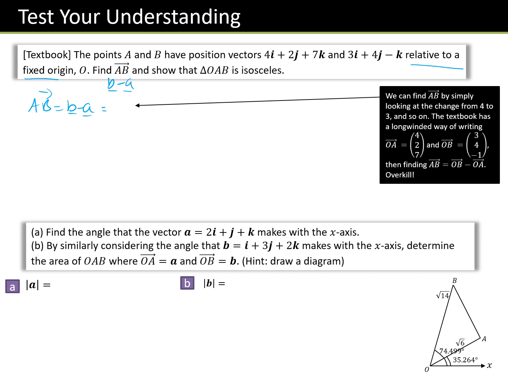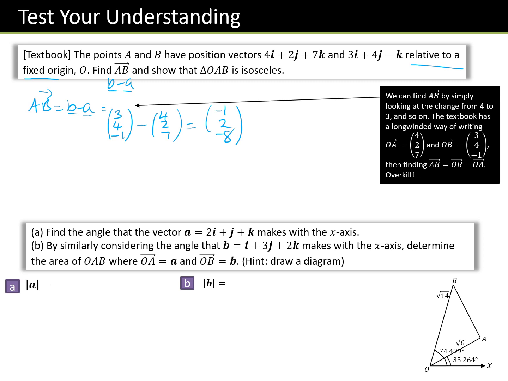and I like to work in columns. So B is going to be (3, 4, -1) and A is (4, 2, 7). Taking them away from each other, it's (-1, 2, -8).